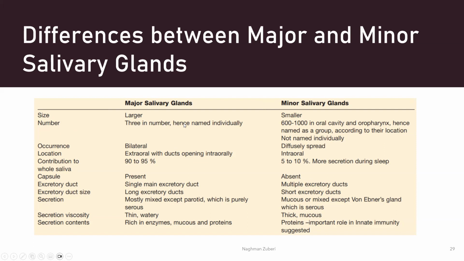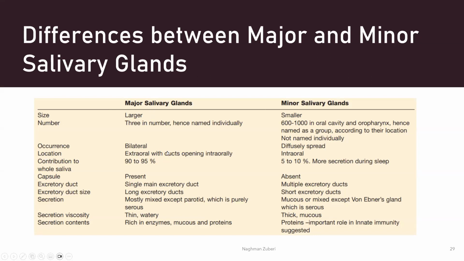Number, 3 in number, hence named individually on both sides. Minor glands are overall in the oral cavity. Some authors say 450, others say 600 to 1000 in the oral cavity and oropharynx, hence named as a group according to their location. They are not named individually. Occurrence of the major salivary glands is bilateral, whereas minor salivary glands are diffusely spread.